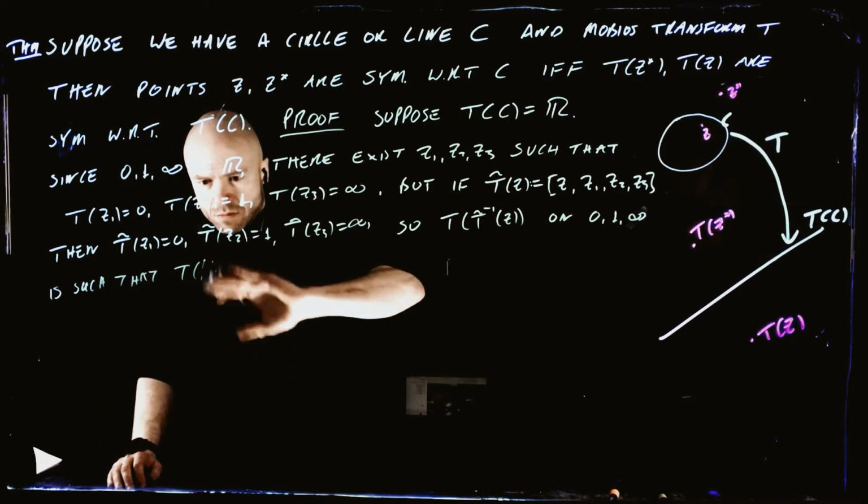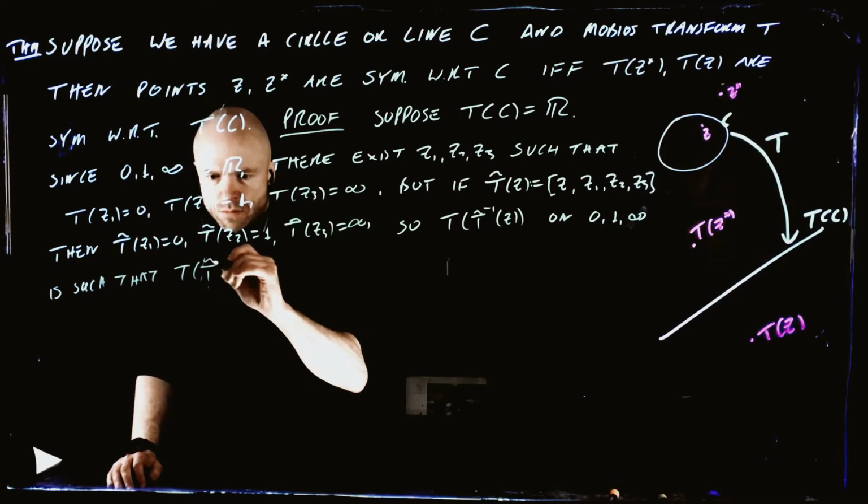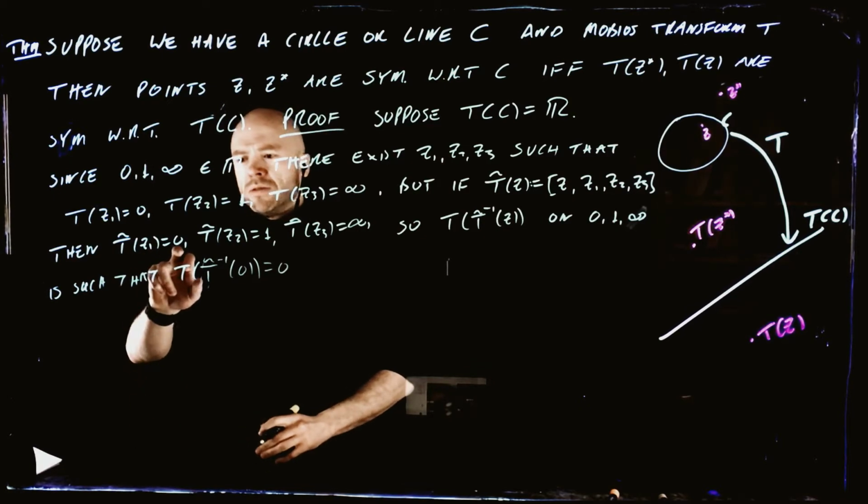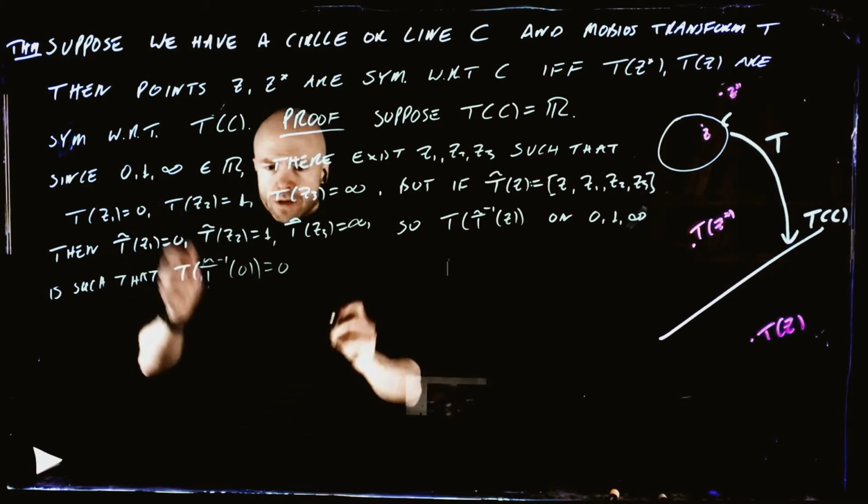Because T tilde to the -1 of 0 is Z1, and then T of Z1 is 0.